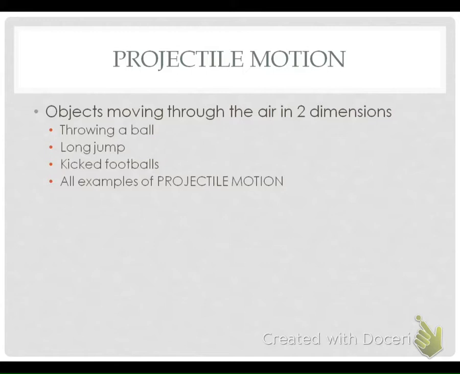In the kinematics we've done thus far, we've seen things go straight up in the air and come straight back down, and we've seen things driving and coming to a stop, or moving horizontally. We haven't seen it both ways yet. So now we're looking at things that are moving freely through the air in 2 directions.